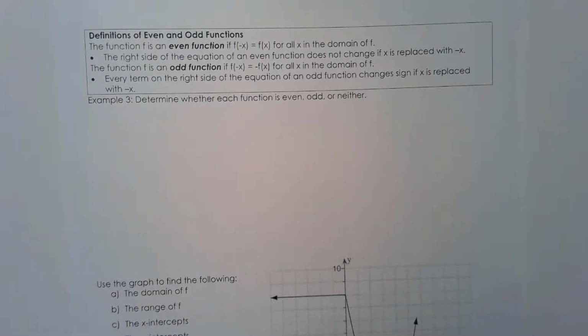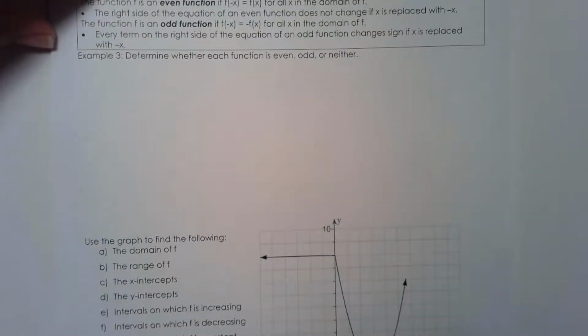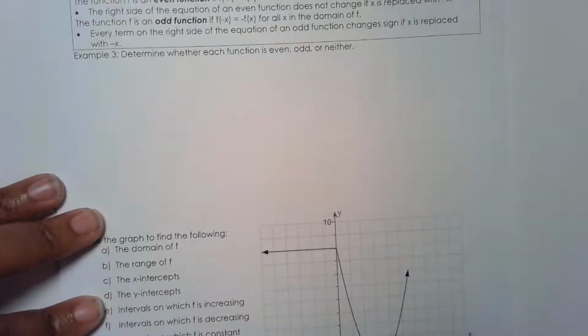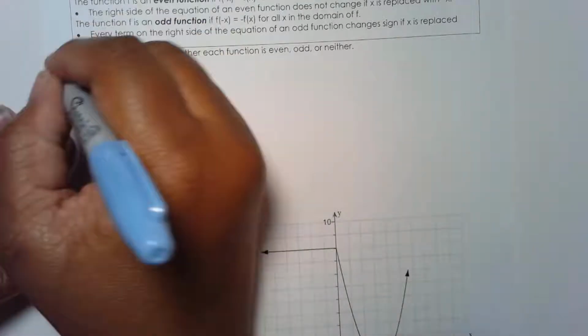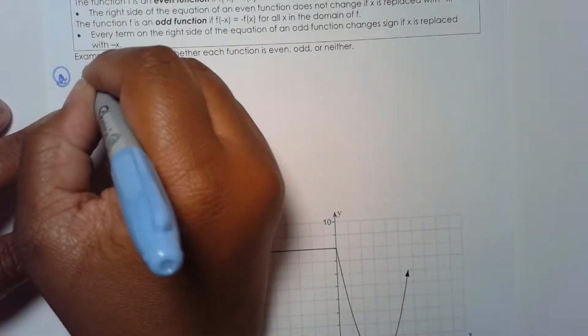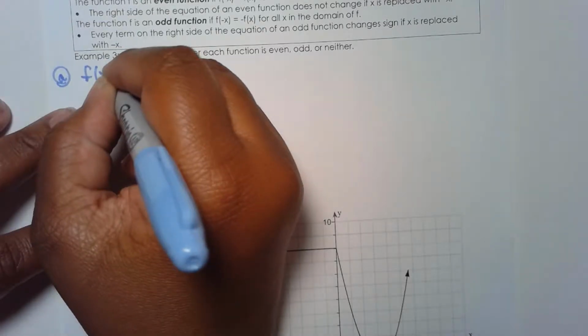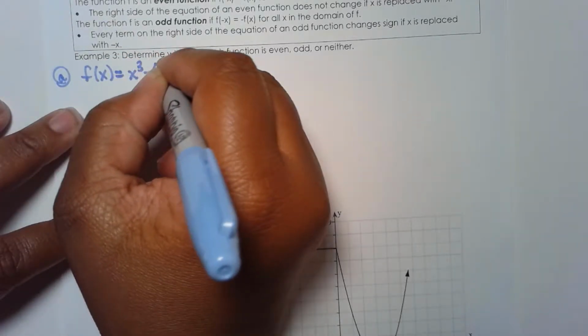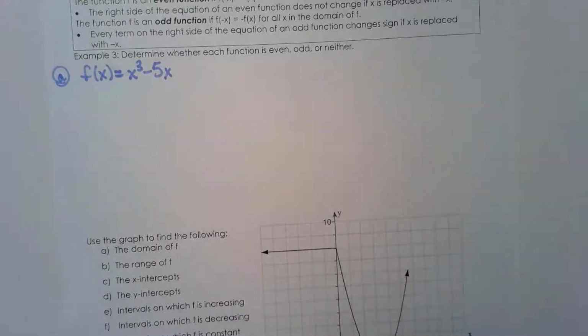All right, so let's do some examples. We have here f of x is equal to x cubed minus 5x. All right.